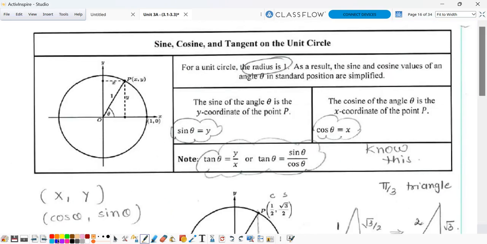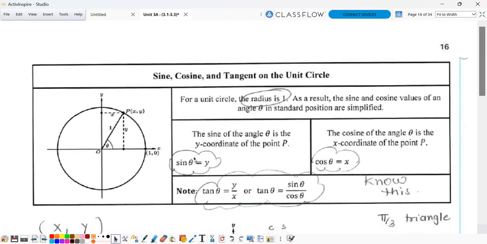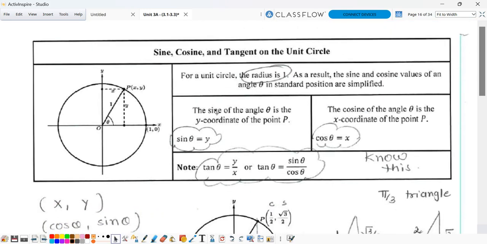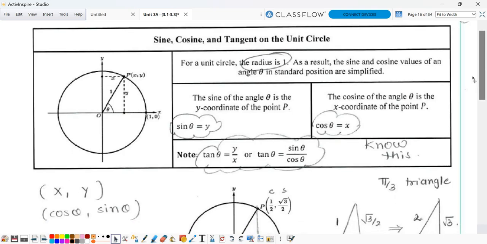So let's talk about the angles. Sine, cosine, tangent of a unit circle angles. Until now, we know that sine theta was y over r. Now we say that the radius is 1, so it's simply y.